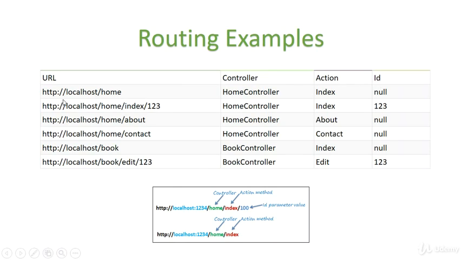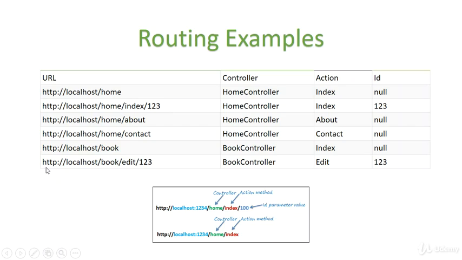If the URL is localhost/home, by default it will take home as the controller, and since there is no action or ID, it will take index as the default action, and ID will be null by default. If we have a URL of localhost/home/index/123, home will be the controller, index will be the action, and 123 will be the ID.